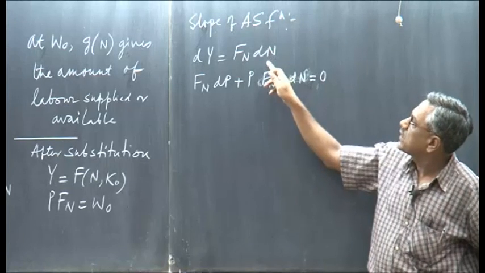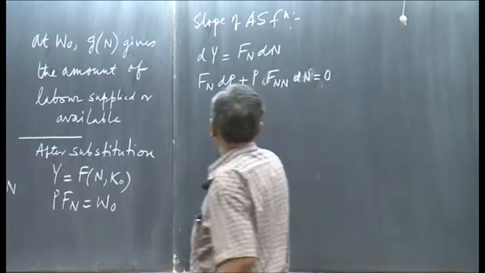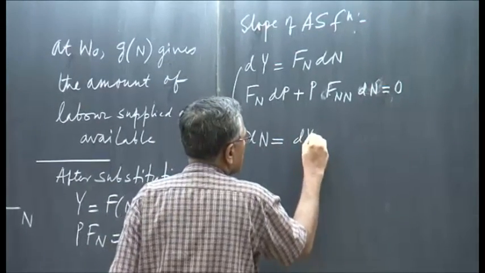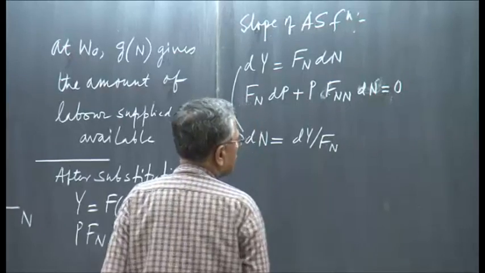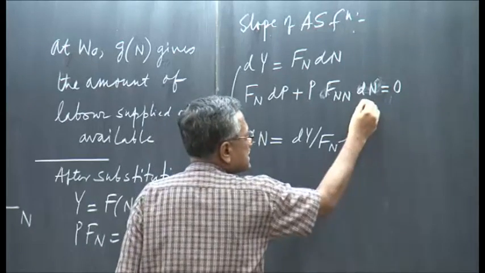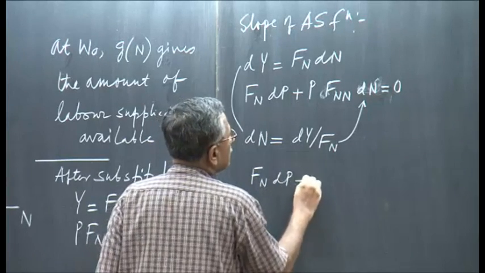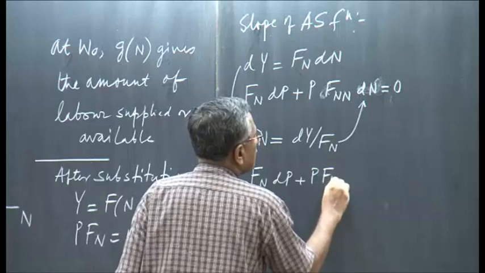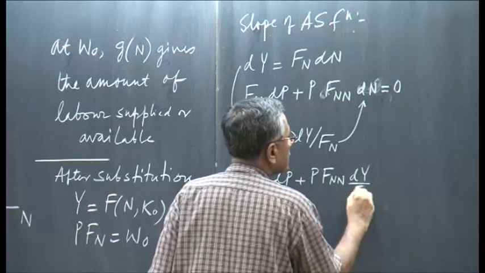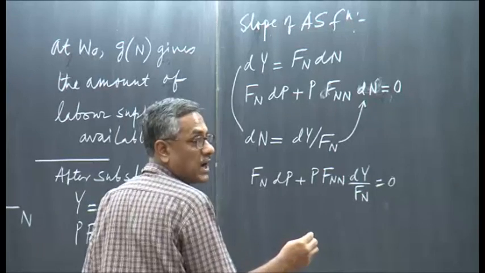Now, from the first equation you can get the expression for dn, dn is equal to dy over Fn, and substitute it in this equation. So, Fn dp plus p Fnn dy over Fn is equal to 0. Now, the slope will be dp/dy.